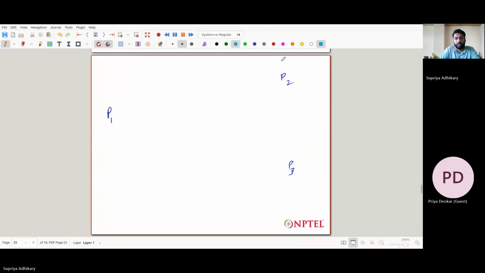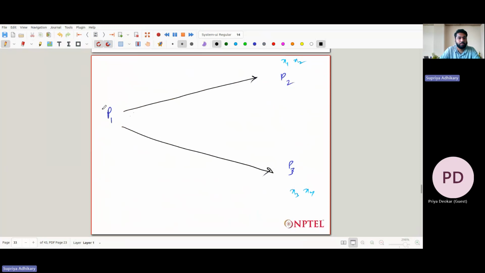P2 has X1 and X2, and P3 has X3 and X4. So corresponding to each of these inputs, P1 generates 4 random lambda 1, lambda 2 pairs.